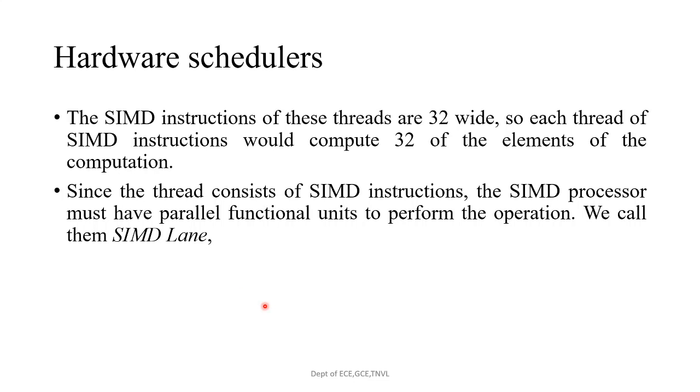The SIMD instructions of these threads are 32 wide, so each thread of SIMD instructions would compute 32 of the elements of the computation. Since the thread consists of SIMD instructions, the SIMD processor must have parallel functional units to perform the operation. We call them SIMD lanes.